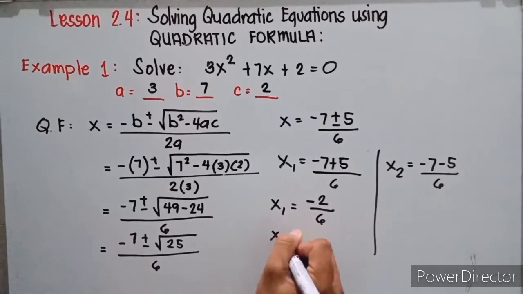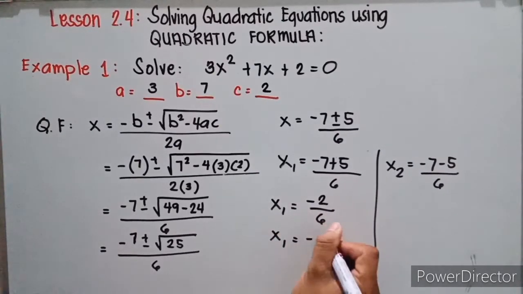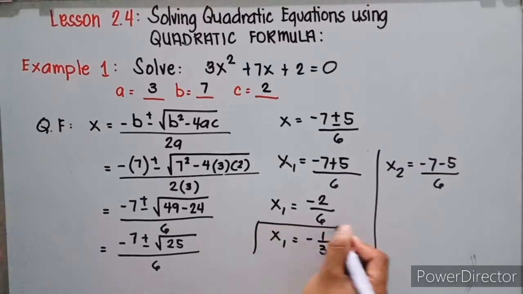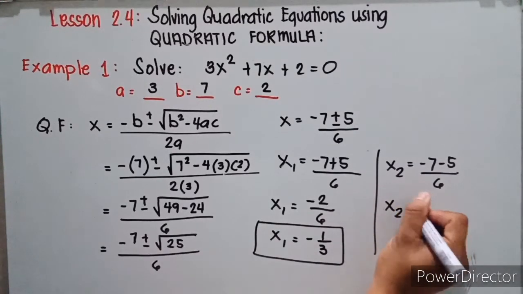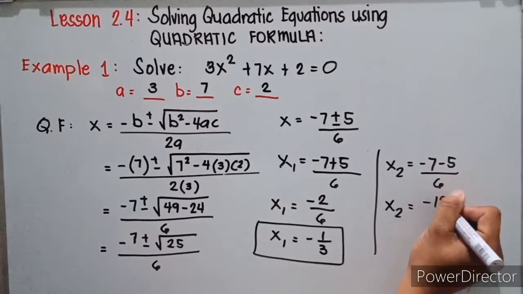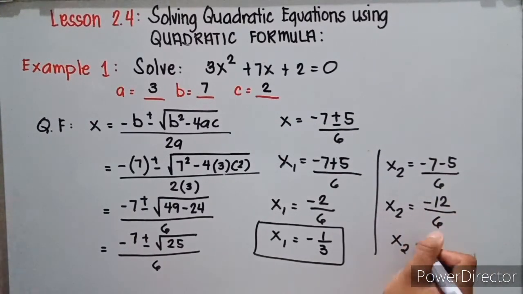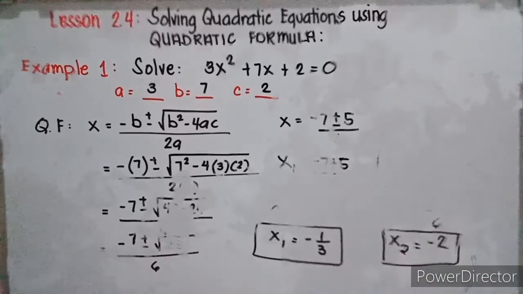So x sub 1, simplify, write this in the lowest term, is negative 1/3. Then for our x sub 2, we will have negative 7 minus 5 is negative 12 over 6. So our x sub 2 is negative 2.